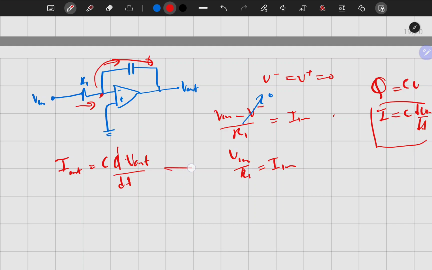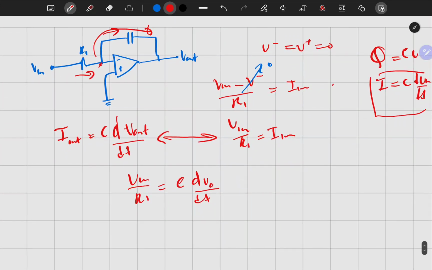So then I can actually equate these two. It will be V in all over R1 is equal to C, and this is voltage out, call it V not, all over dt, and I'm interested in it.